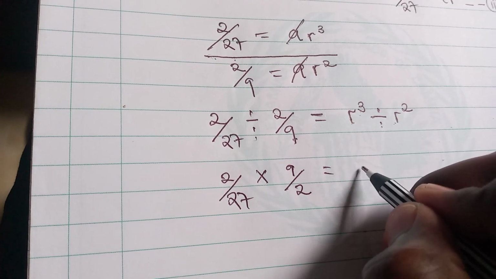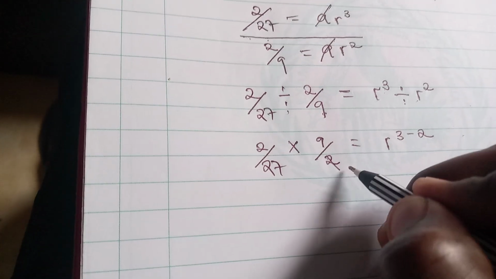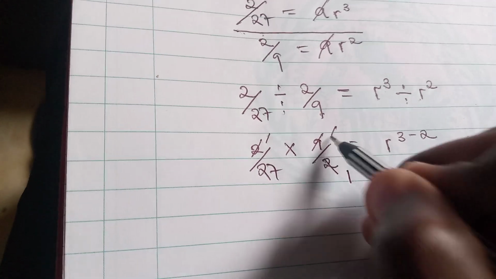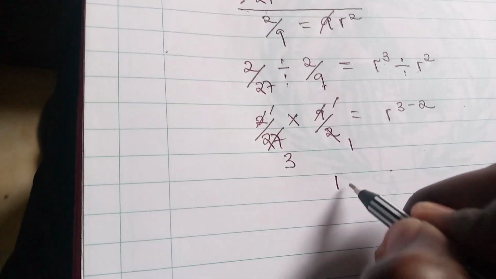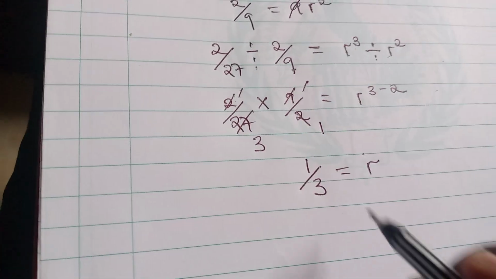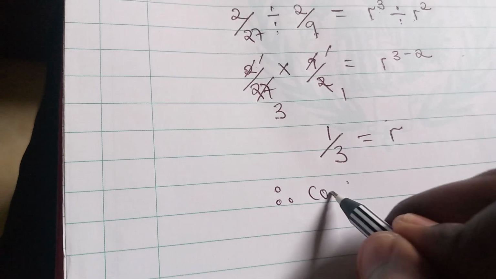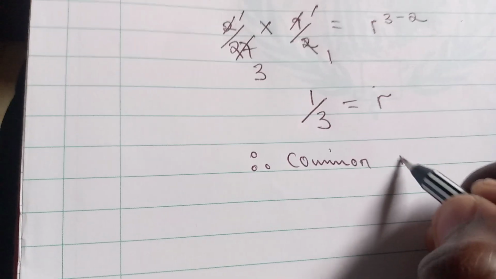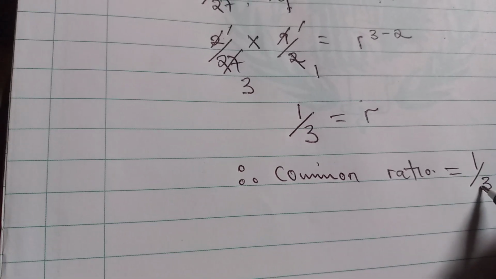You subtract. So that is r to the power 3 minus 2. From the numbers, 2 into 2 is 1, 9 into 27 is 3, so 1 over 3 is equals to r. Therefore, the common ratio is equals to 1 over 3.